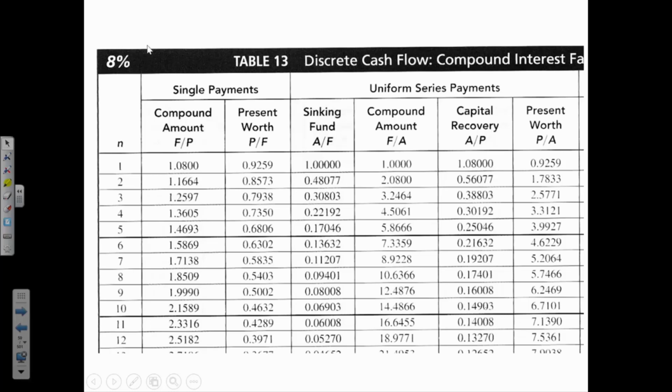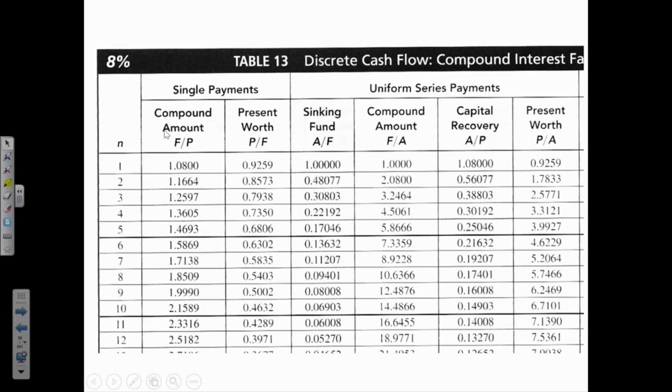I think your textbook has 1/4%, 0.5%, 3/4, 1, 2, 3, 4, 5, 6. Then they maybe jump to 8. And then the rows, it has N down through 50, and then I think it jumps 50, 60, 70, and then it starts making bigger jumps down through the number of years.